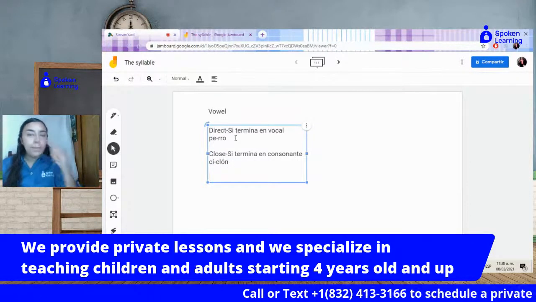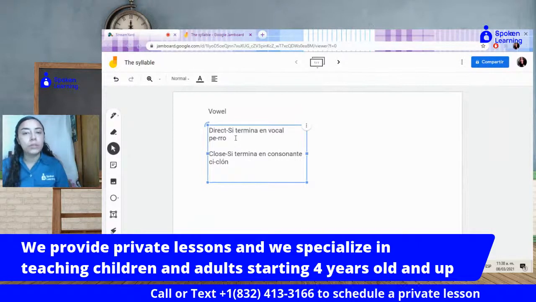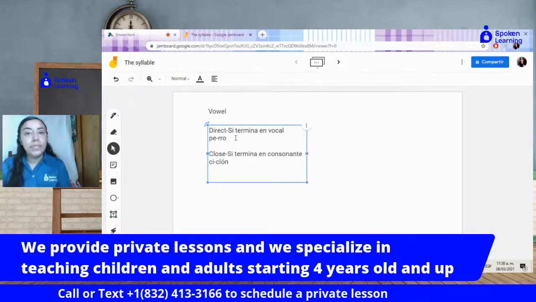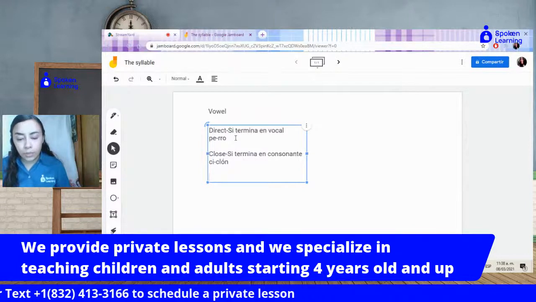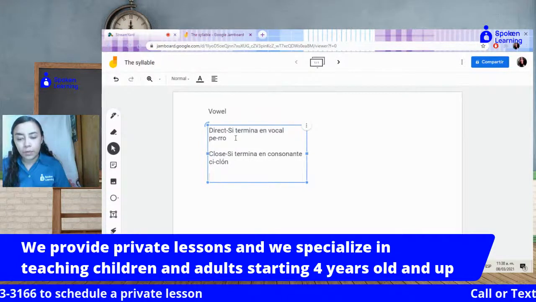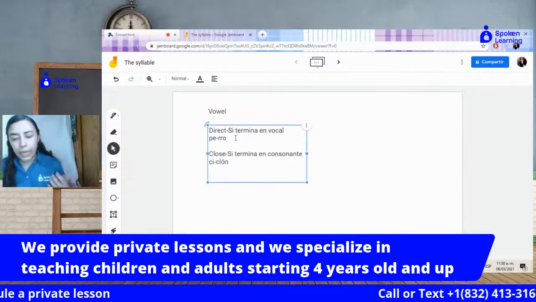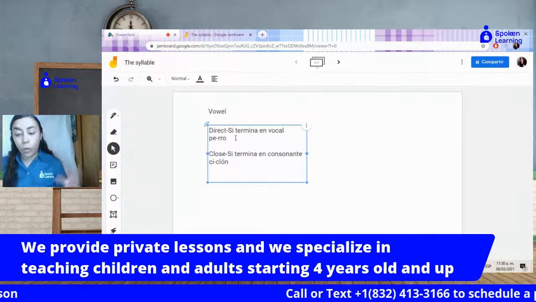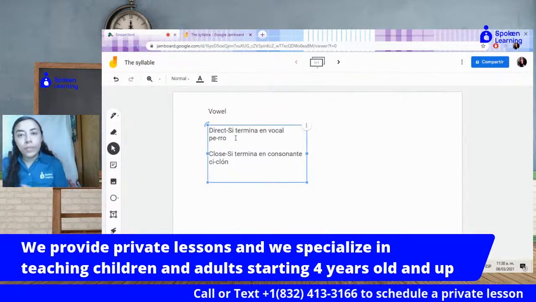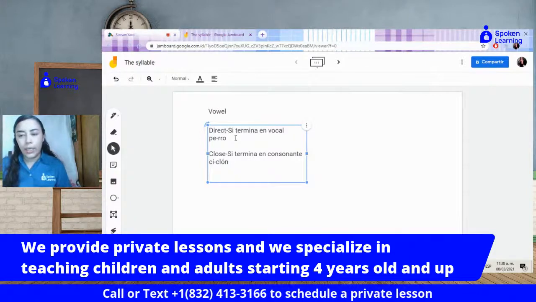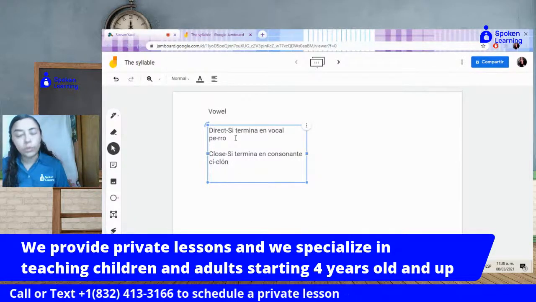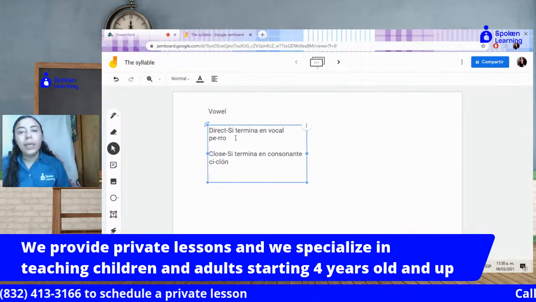So the importance of the syllable division is, for example, when you finish a sentence in writing, we have to finish the word, and in this case, we don't have to separate the syllable.